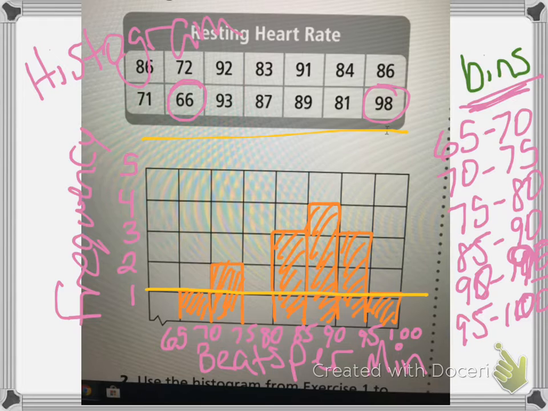Most of our data is right here in this cluster, which is the word we used in the dot plots. And we have a gap here and another smaller cluster here and a gap, okay? So this is a way to show data that has a lot of different points rather than doing a dot plot like we did before.